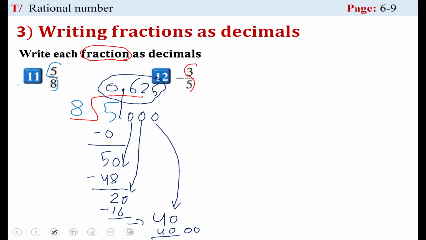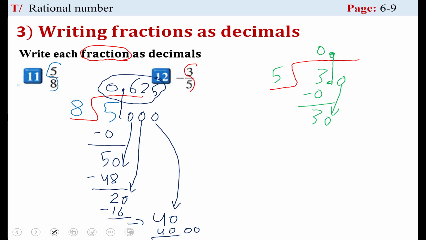Draw the S letter. 3 is inside, 5 is outside. How many 5 in 3? 0 times 5, 0. 3, put the point, bring it down to 0.